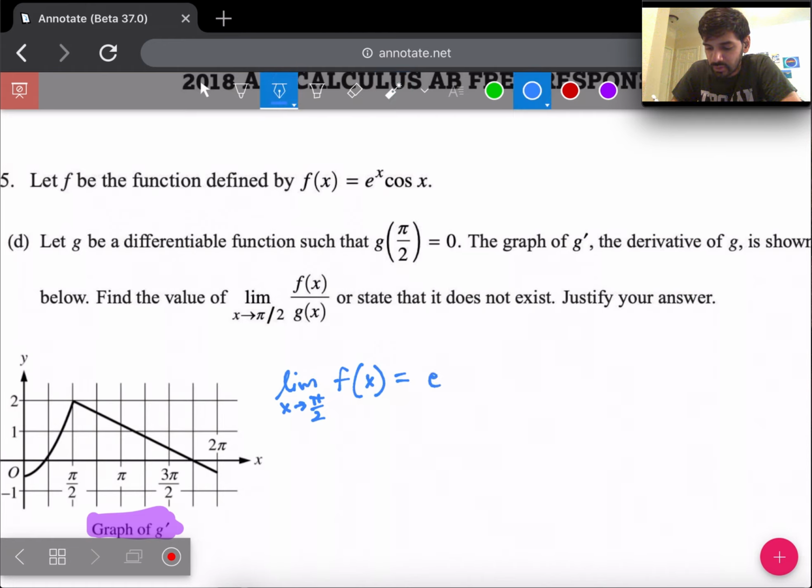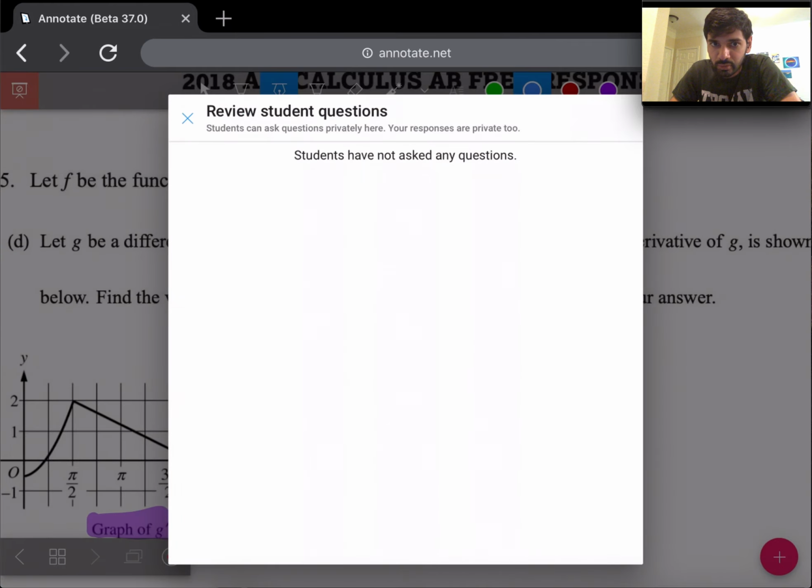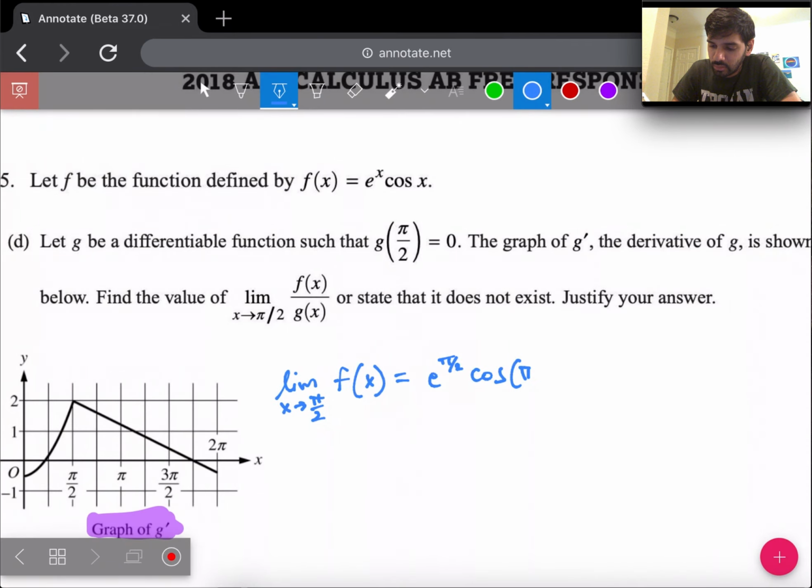So this is equal to e to the pi over 2 times cosine pi over 2. That's equal to 0. That's the numerator.